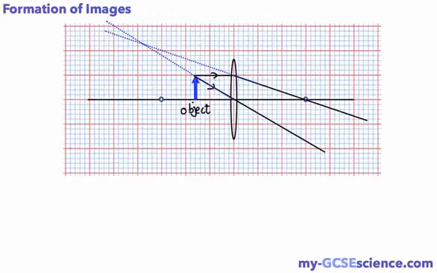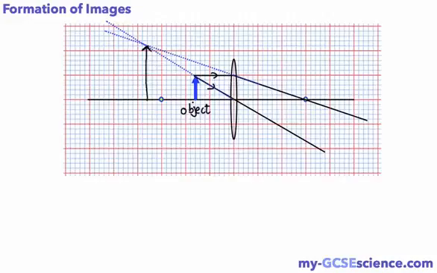And the point where they meet is where we can draw the point of our image. So here's our actual object, the object we're magnifying, and the image, the point of the image is there, and then we can just draw the rest in like that.